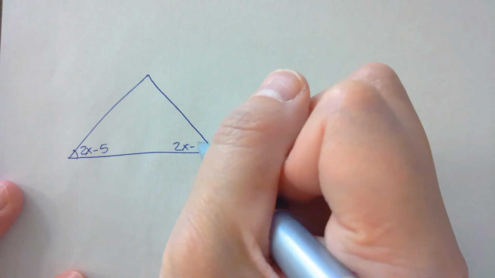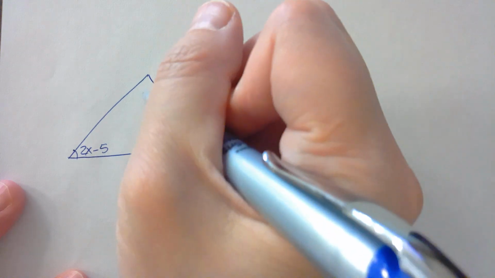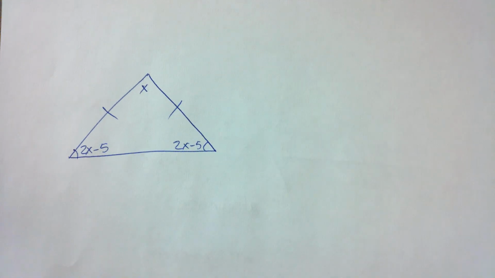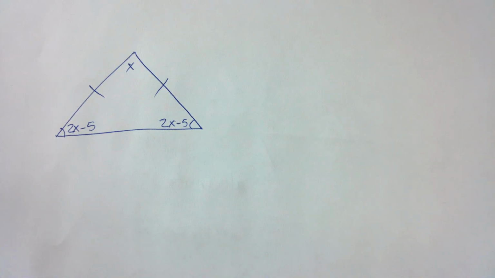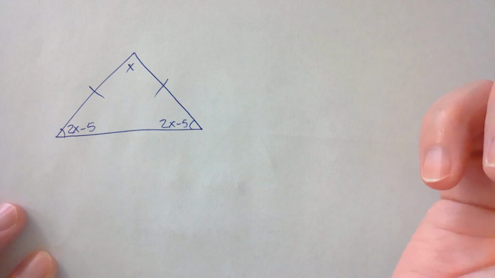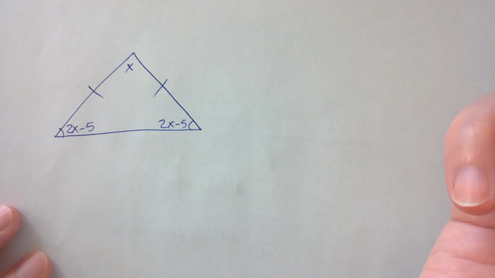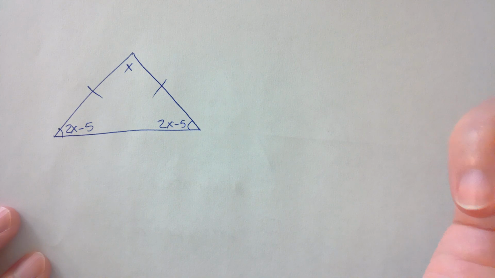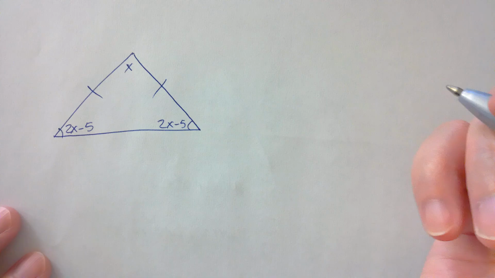Last one. 2x minus 5, 2x minus 5, x. Something like this. All right, set up the equation. Sophia, since you've been quiet today.